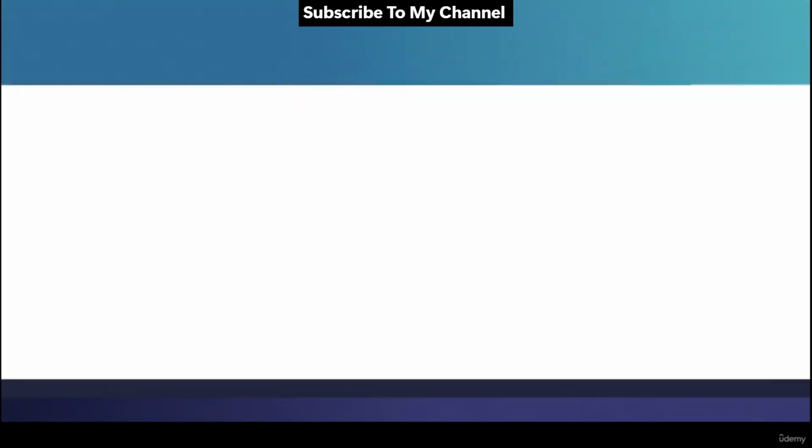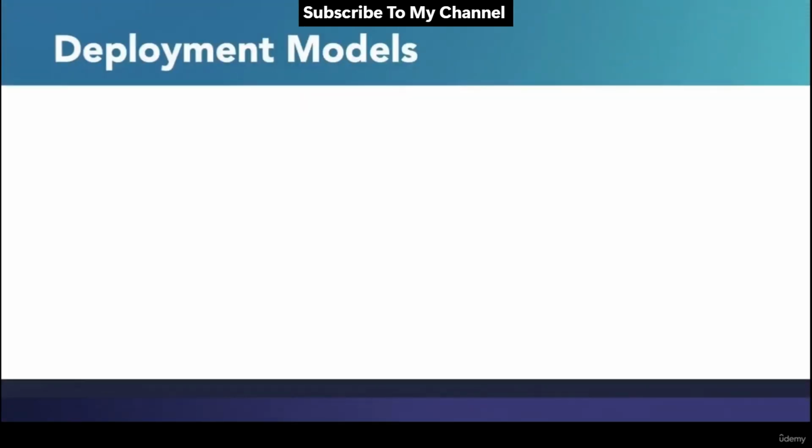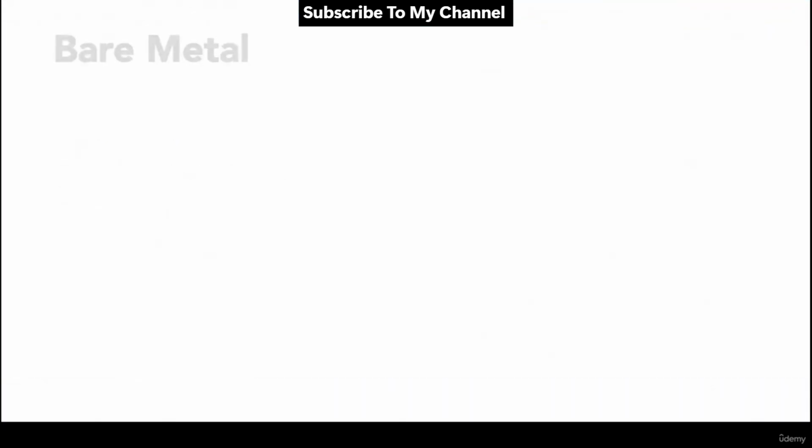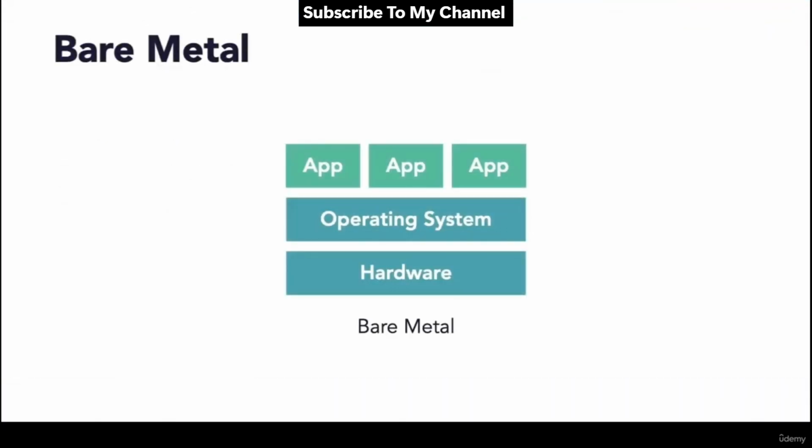At its core, there are three ways applications and their operating environment can be configured on a given hardware: on bare metal, using hardware virtualization, or using OS virtualization. Before virtualization technologies were mainstream, an application was deployed on dedicated bare metal hardware.